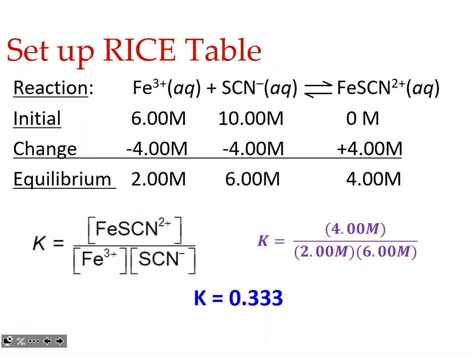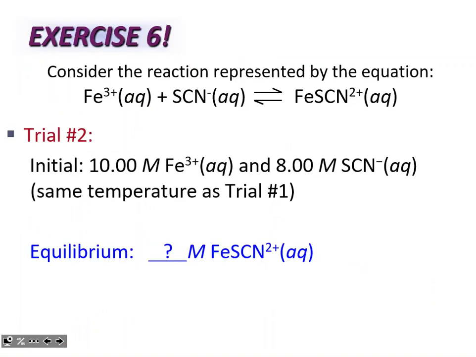Now we're going to look at the same situation from a different perspective. Next problem. All right, in this case, consider the reaction, same temperature as trial 1. So what does that mean about K? If temperature is the same, that means K is the same.